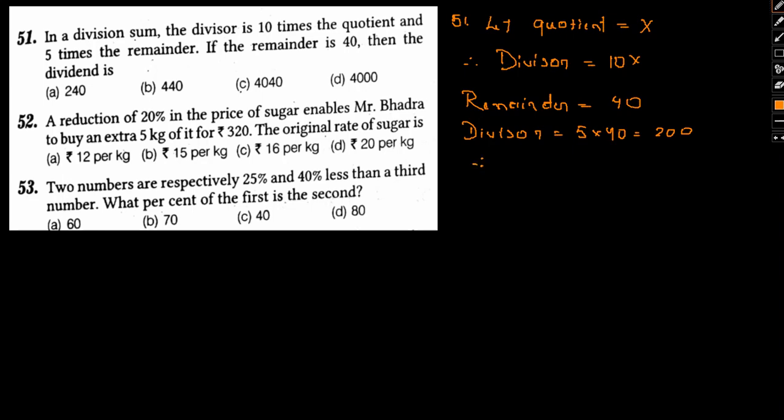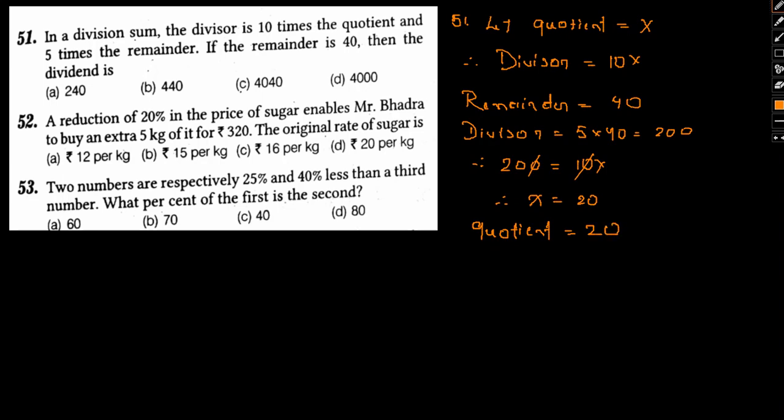Now this 200 will be equal to 10x because both are the values of the divisor. So therefore x is equal to 20 and the quotient is equal to 20.